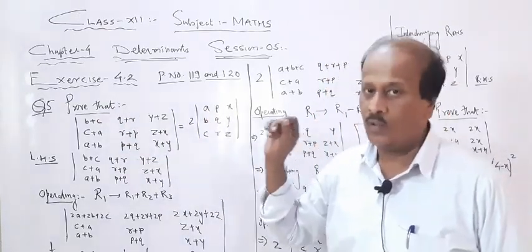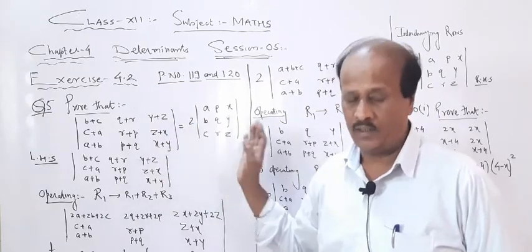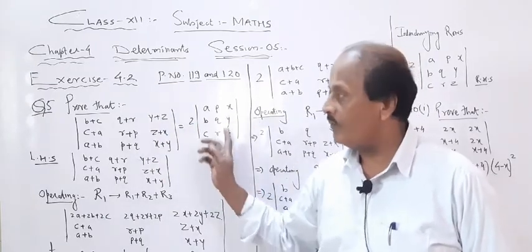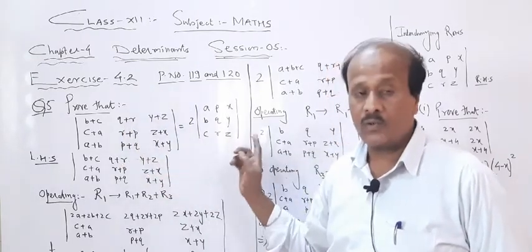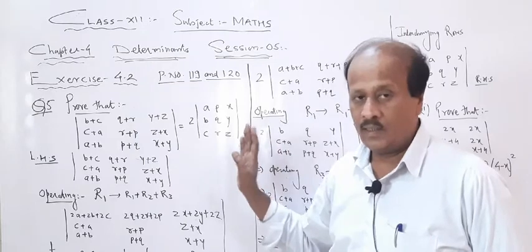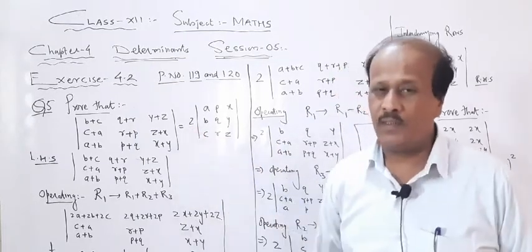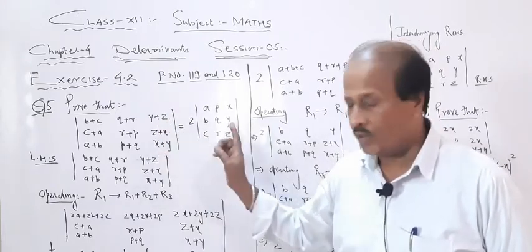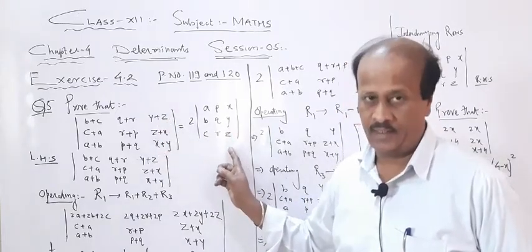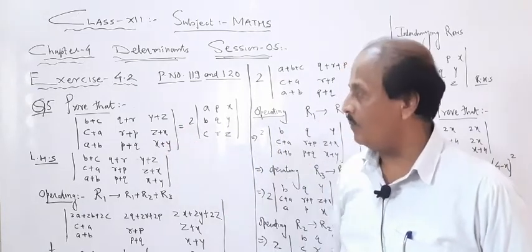Usually whenever we solve a determinant we get a single real value, but here the question is in the form of a determinant, so the answer should also be in the form of a determinant. They are not asking you to expand this. Usually when we solve a determinant we expand it. Here you will have to keep your eyes on the right hand side. That's why, according to me, this question is important.